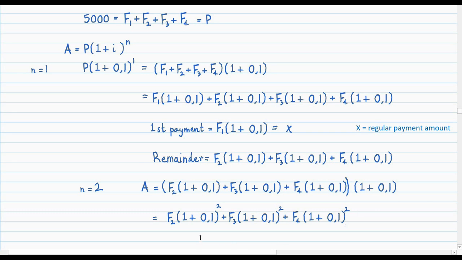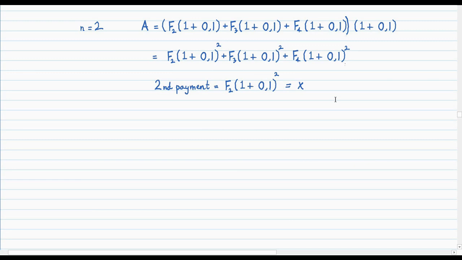Then let's say the second loan payment is F2 times 1 plus 0,1 squared, which would be equal to X. This is the second loan payment, so it would be deducted from whatever's left of the original loan and the interest is accumulated. And the remainder would be these 2 guys, since this is no longer there.